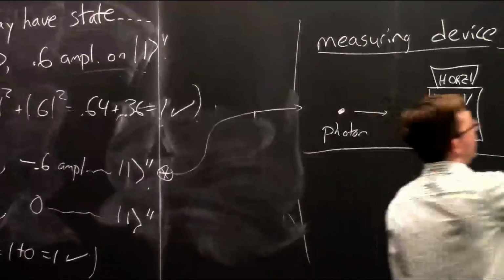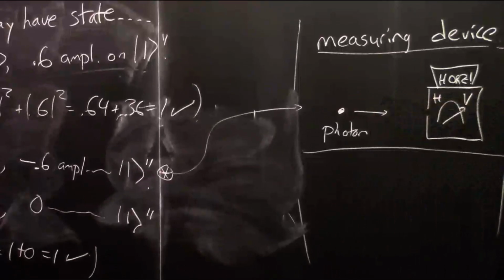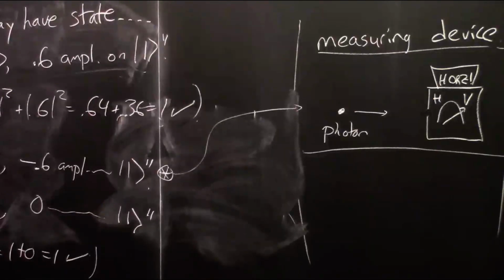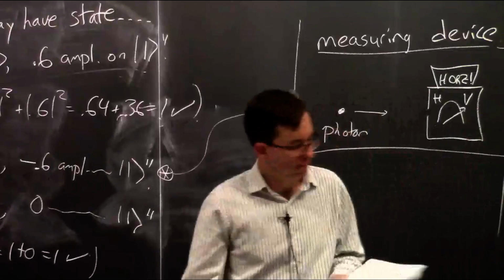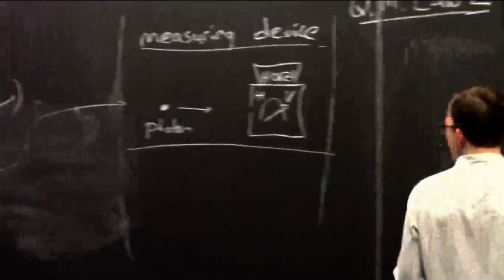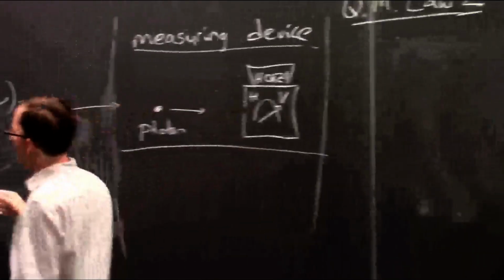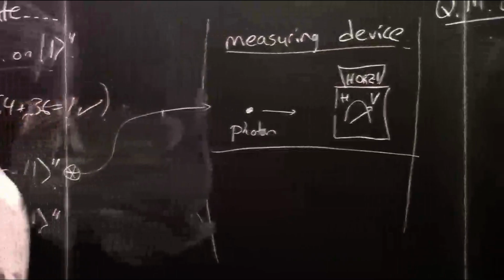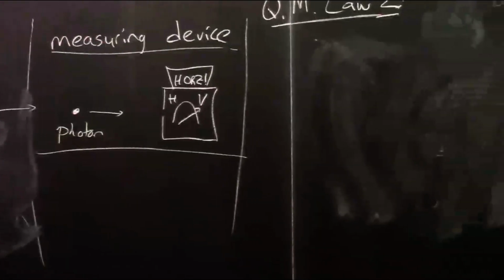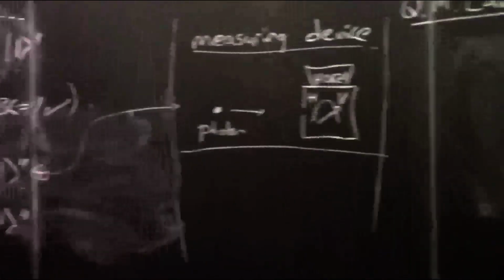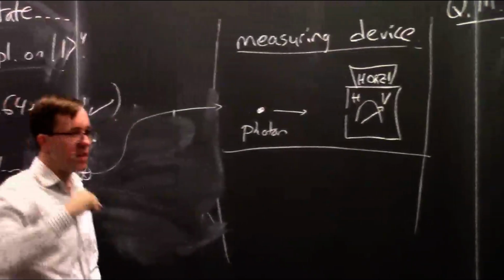Well, that's the subject of quantum mechanics law 2. It's basically going to be 3 laws, but I won't even get to the third one until next lecture. So that tells us what happens when you measure a particle which has 2 basic states. I'm using this phrase, I don't even know if it's real terminology, basic states, to refer to 0 and 1, like horizontal and vertical polarization, or spin up and spin down.